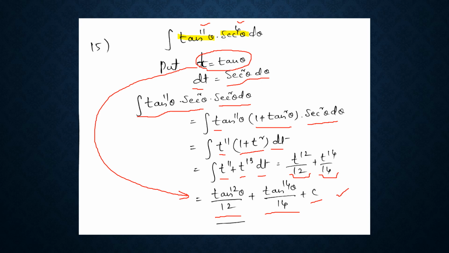And the last type is integral tan mx into secant to the power of nx dx. If this is in the form of integral, we can solve by substituting tan theta is equal to t, so that the derivative of tan theta is secant square theta d theta, which is equal to dt. By simplifying that, we will get the solution such type of problems.